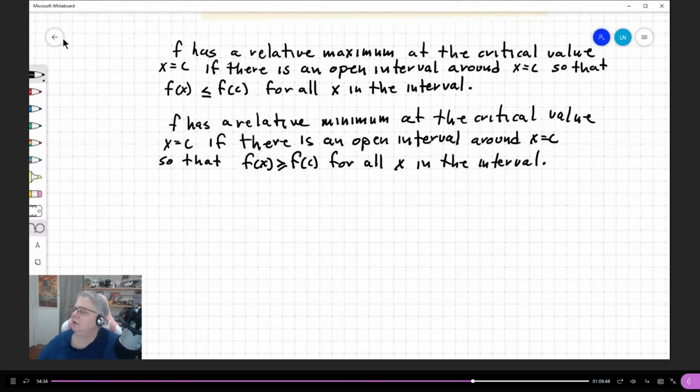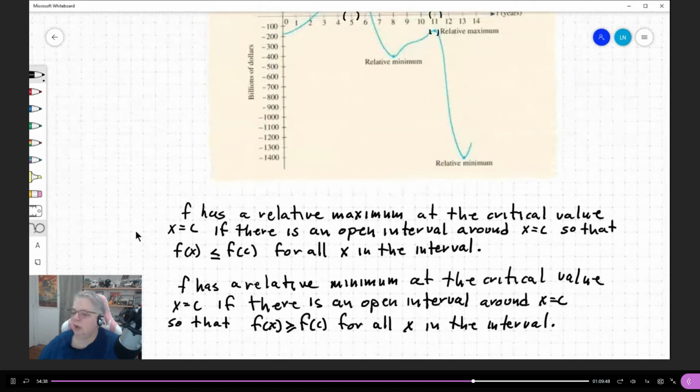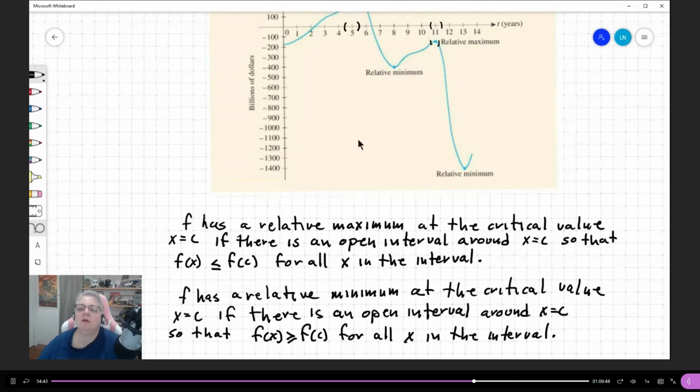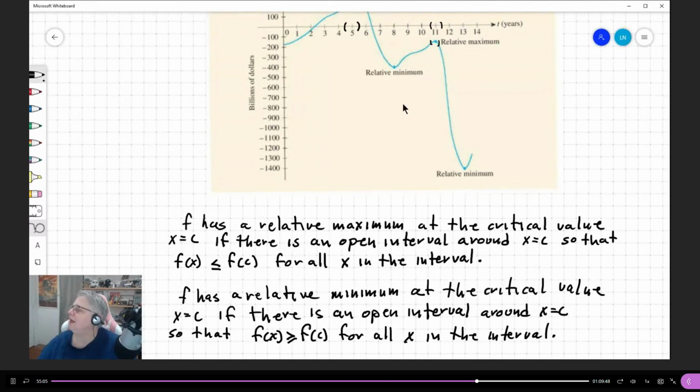Again, same way that corresponds to our minimum value. If you take a look at the minimum value here, it looks like our critical value is, oh, that's a maximum.